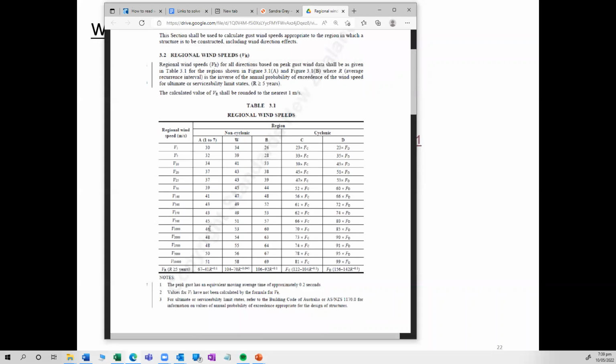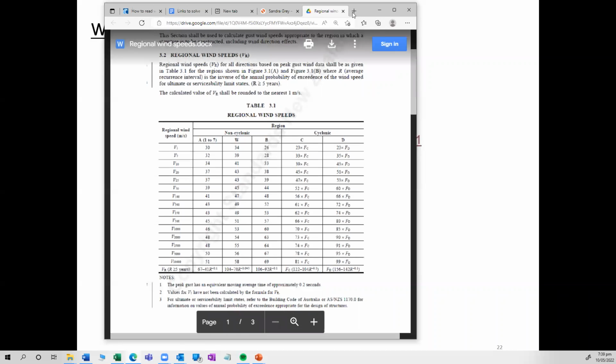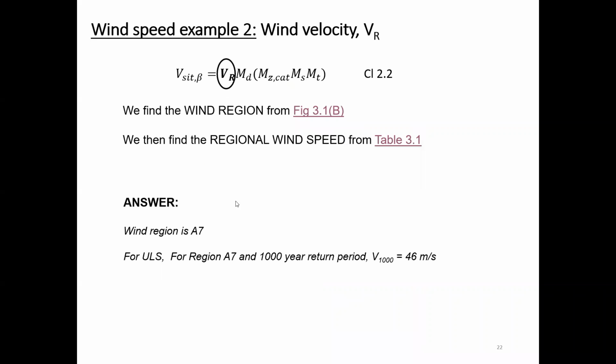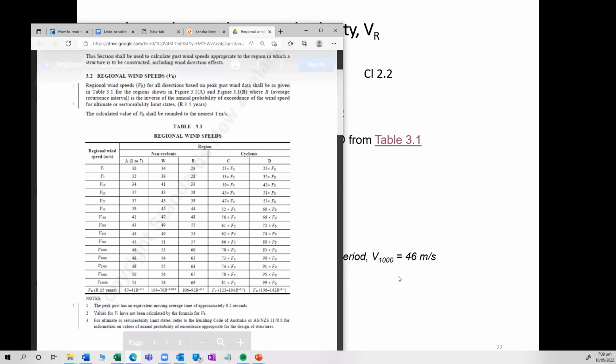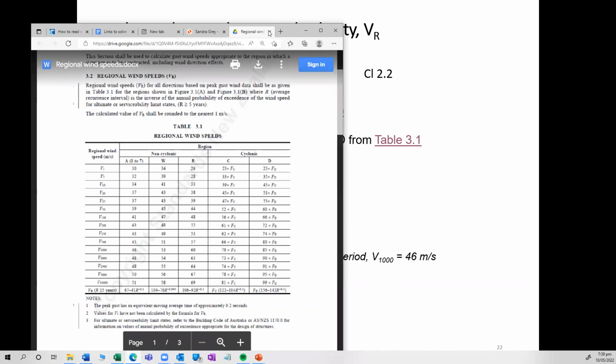We get 46 meters per second. That's for the ultimate limit state. Now for V25, which is the serviceability limit state, we get 37 meters per second.